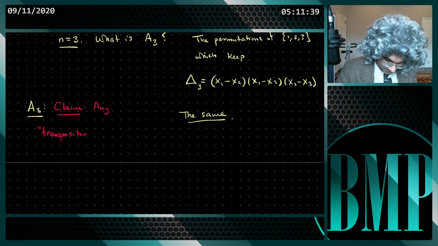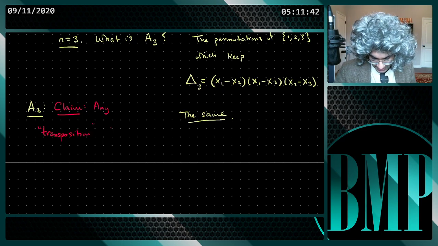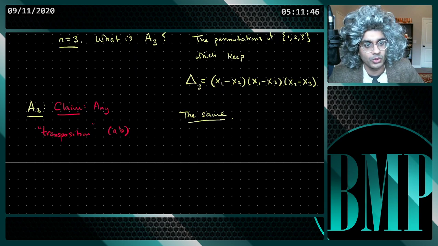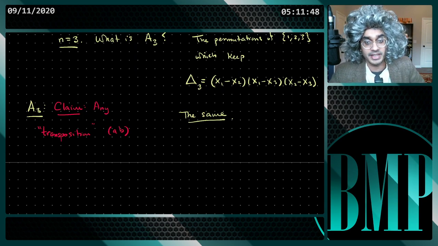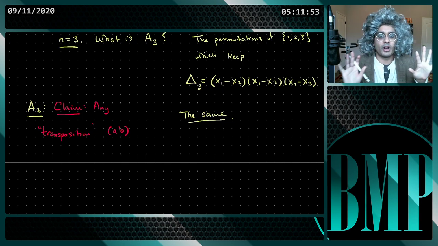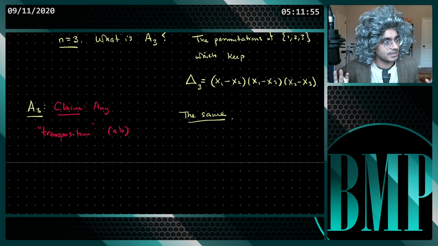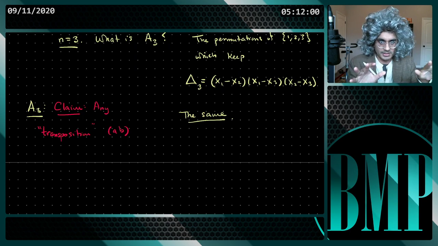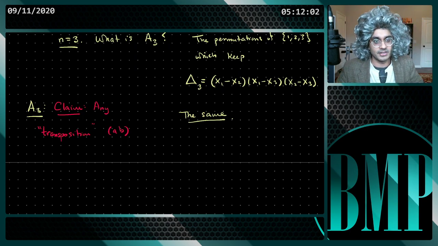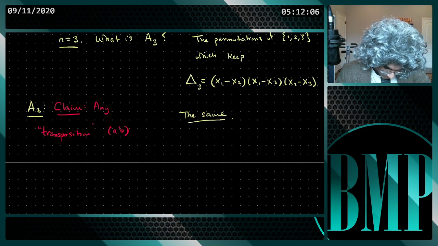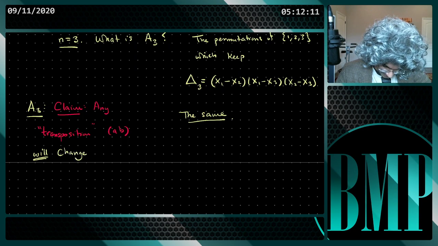A transposition is just any permutation whose cycle notation involves only two of the elements, a and b. As a permutation, it just swaps two elements and keeps all the other elements the same. That's what a transposition looks like. So any transposition will change delta 3.